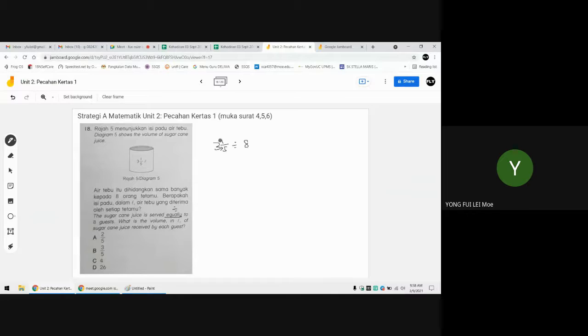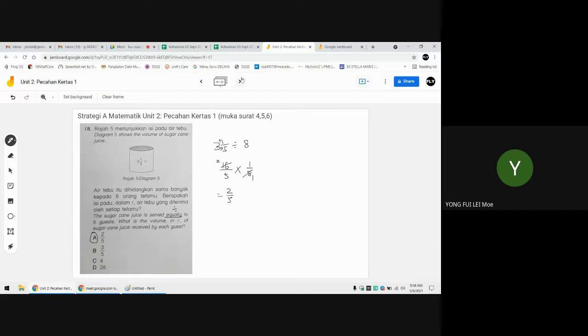So to change it to improper fraction, 16/5 times 1/8. Inverse it. So next, 8 and 16 simplify. So your answer is 2/5. A, correct? Your answer is A.